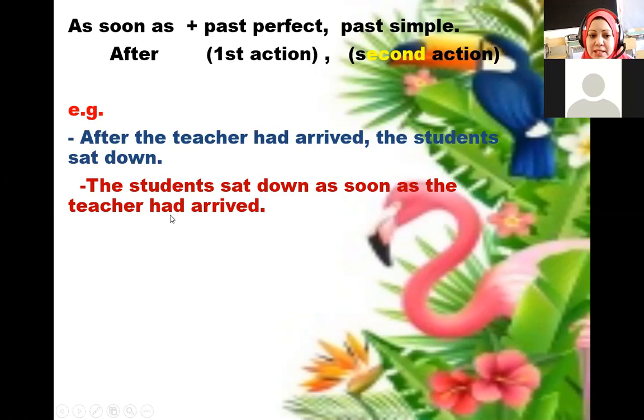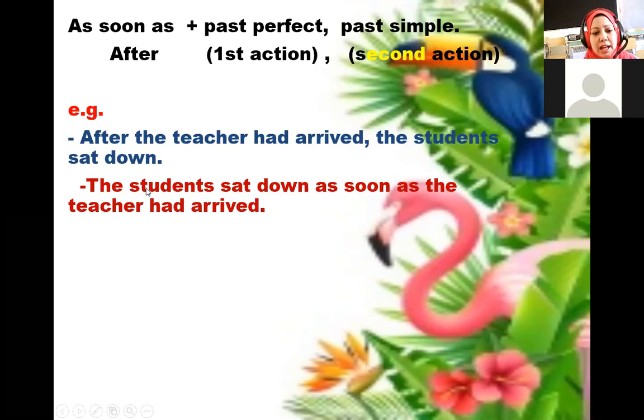Look at the same example, but using as soon as in the middle of the sentence. The students sat down as soon as the teacher had arrived. Who can tell me what is the first action here? What happened first? I have got Jana, Kinsey, Zainab. What is the first action here?